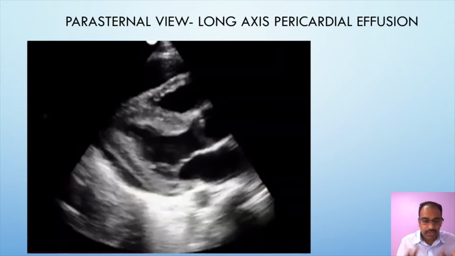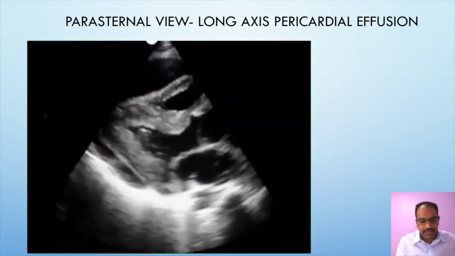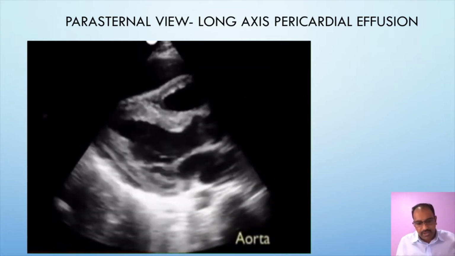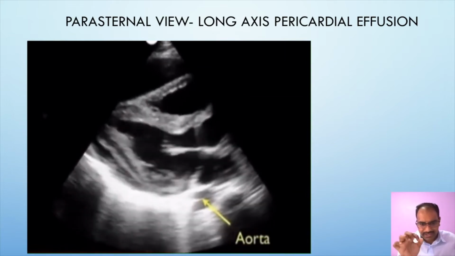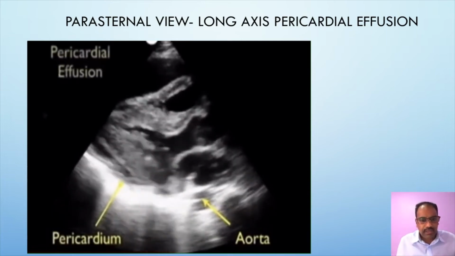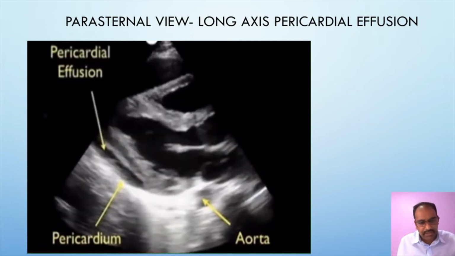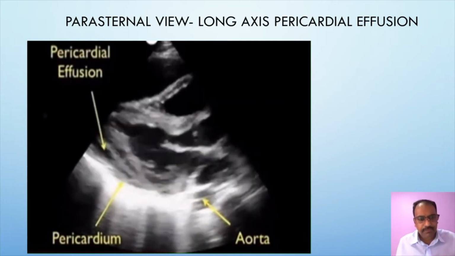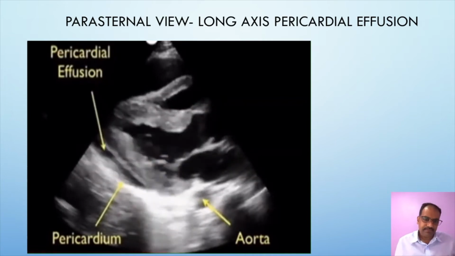That's the most common pitfall in dengue, where they can have both pericardial and pleural effusion together. So I'm playing the video. You need to identify the descending aorta. That's the round structure. Then the highlighted layer will be the pericardium, and the fluid lies exactly above the pericardium.